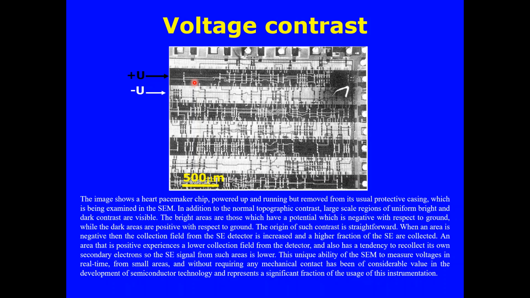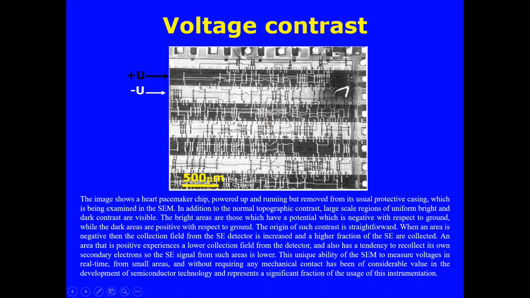So the secondary electron signal from such an area is lower. This unique ability of the SEM to measure voltage in real time from small areas, without requiring any mechanical contact, has been of considerable value in the development of semiconductor technology, and represents a significant fraction of usage of this instrumentation.